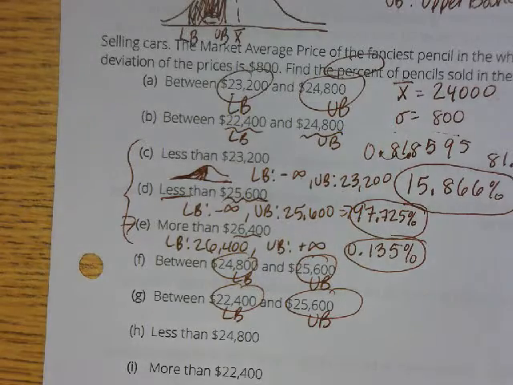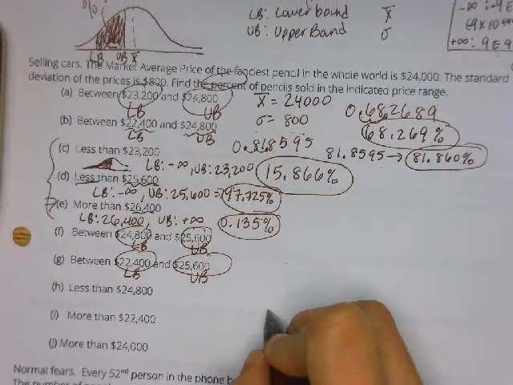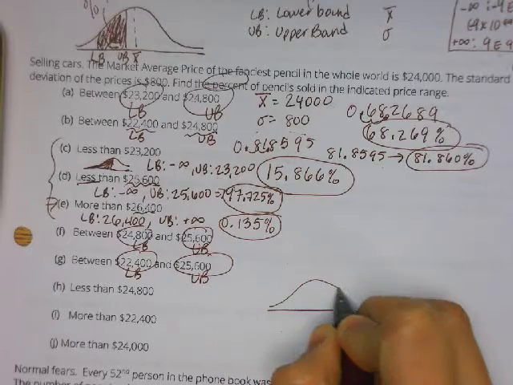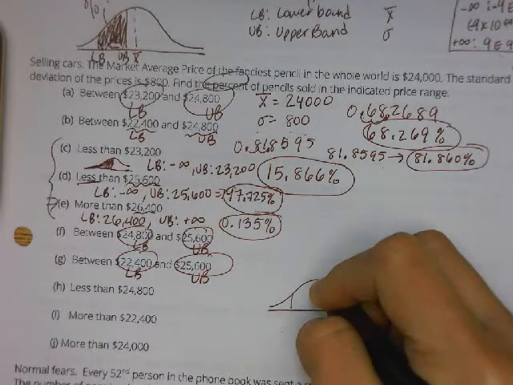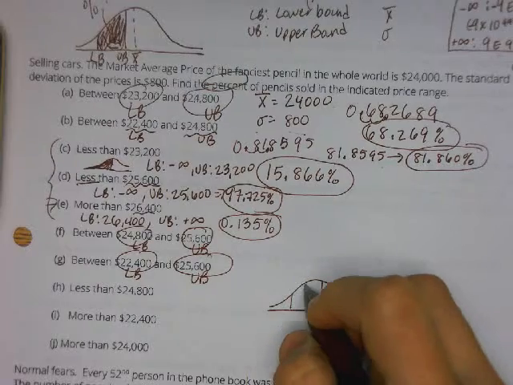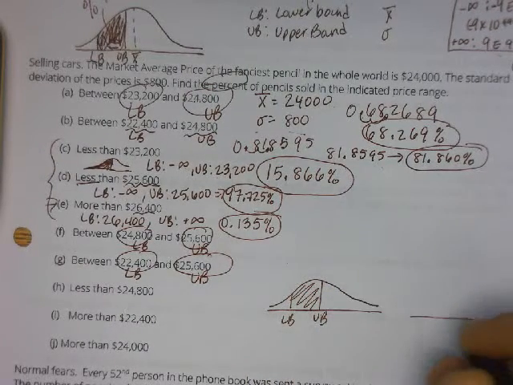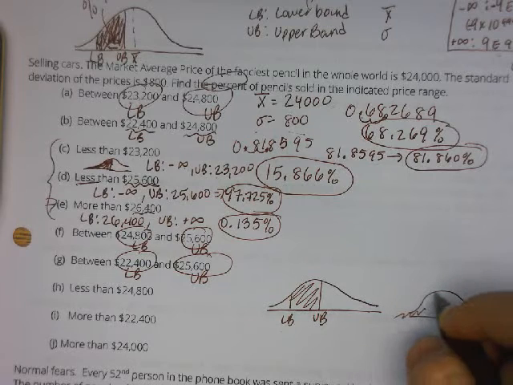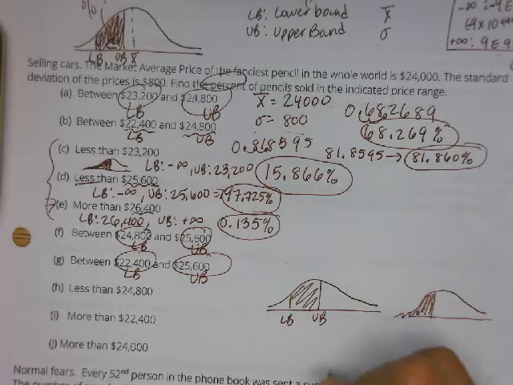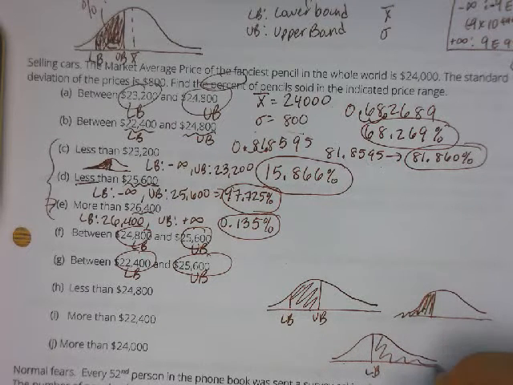So just to summarize, your lower bound and upper bound could be right here. Your lower bound could be negative infinity, and your upper bound could be right here. Or you could have a situation where your lower bound is here, and your upper bound is positive infinity.